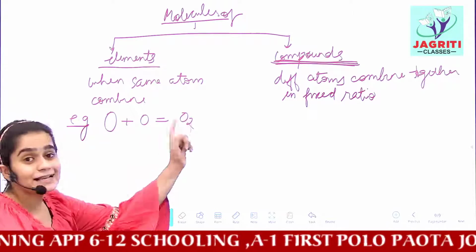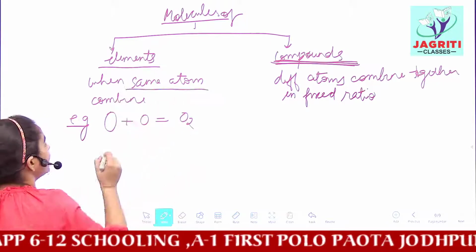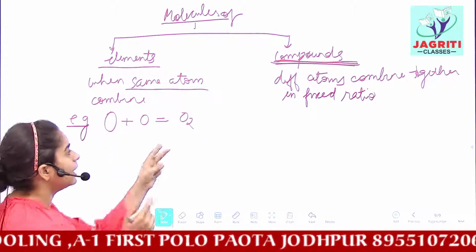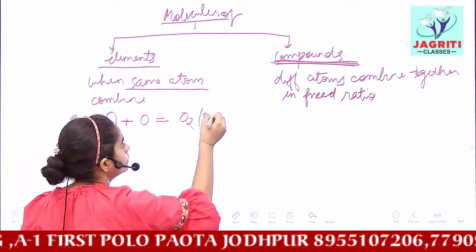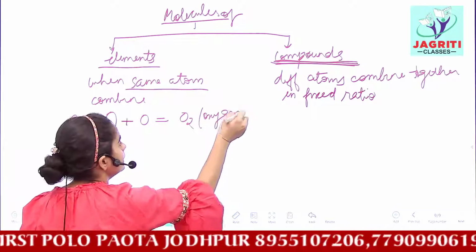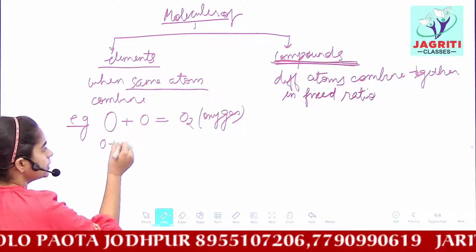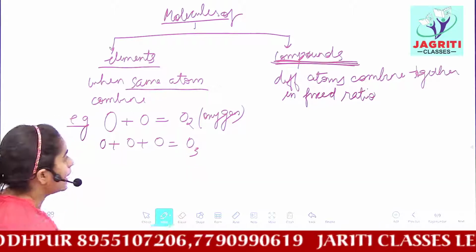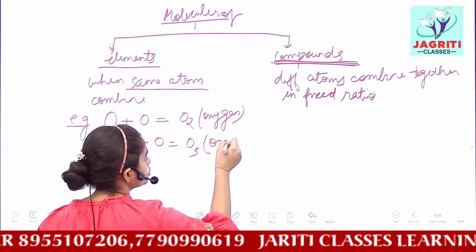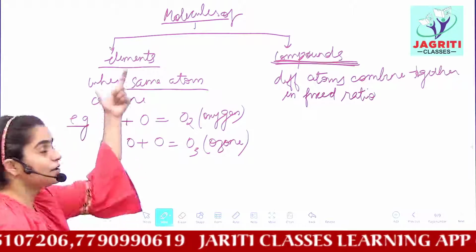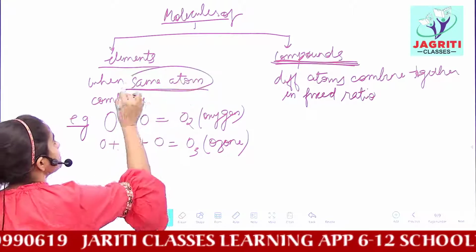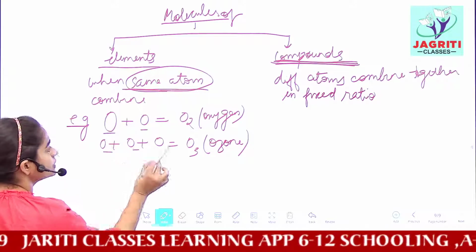So O2 is an element because the same atom, that is oxygen atom, is combining together. If two oxygen atoms combine, then O2 is called oxygen gas. If I combine 3 oxygen atoms together, then the resultant product would be O3, and O3 is known as ozone. So these are the elements of oxygen atom. See here, the same atom is combining, that is, all oxygens are combining.